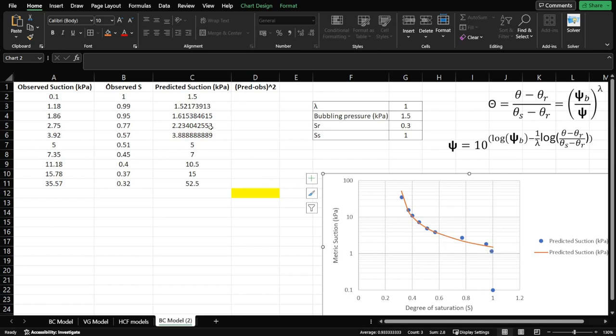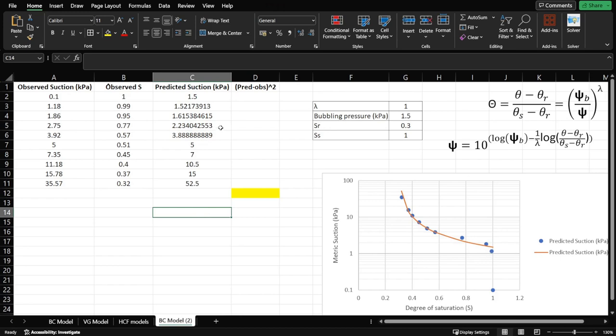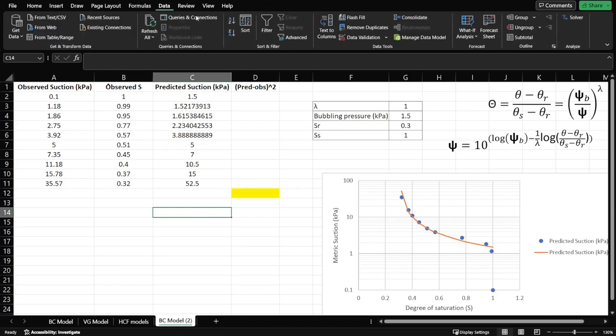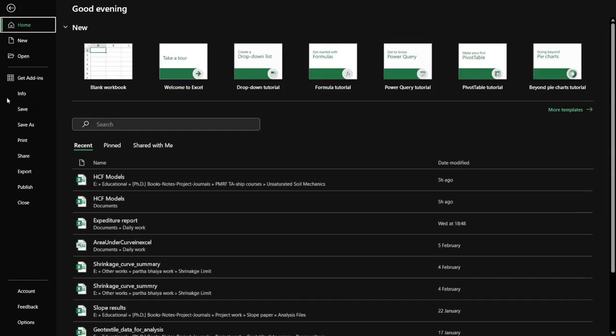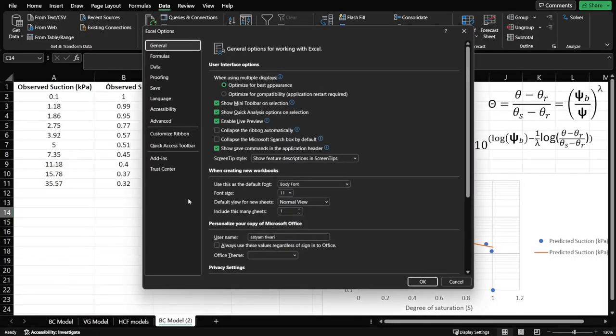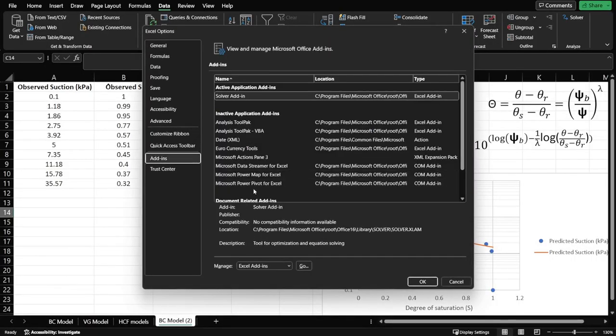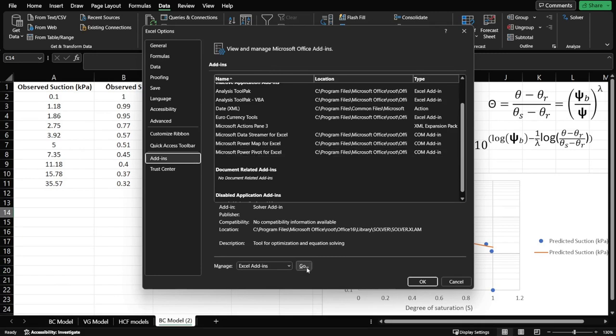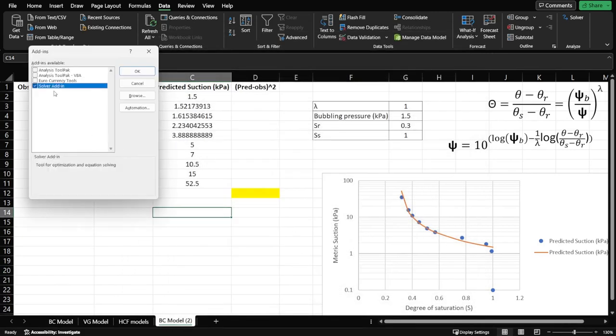So how can we do it? In Excel you have a function where you can use the solver. If this is not activated in your Excel sheet, then you can go to your files, then go to your options. Then there will be add-ins, right? So here you can manage your add-ins, go there and just activate this solver add-in.